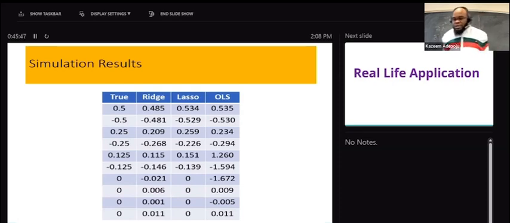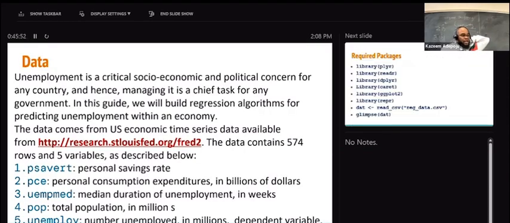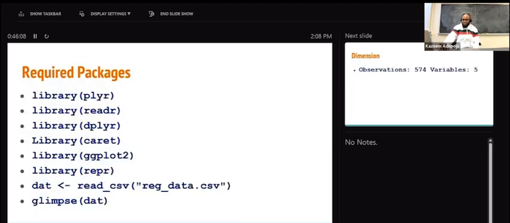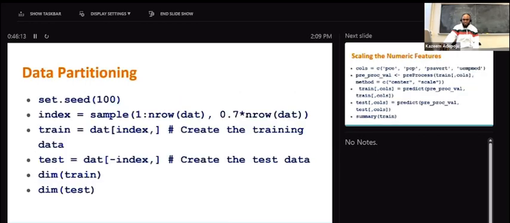Okay. Now take a look at that. Every other thing that you want to do here is what you're going to do in the lab. This time around, we have unemployment data. And we have a lot of variables. The one I demonstrated, I think we had 10 variables, right? So you follow that up. You first partition your data into training set and test set.